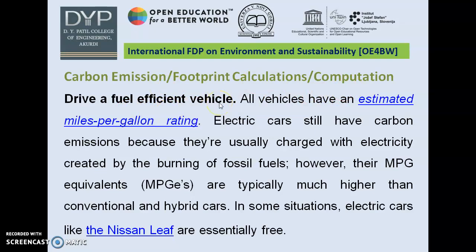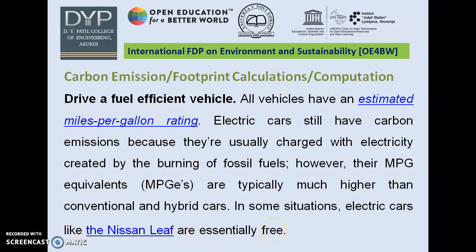All vehicles have an estimated miles per gallon rating. Electric cars still have carbon emissions because they are usually charged with electricity created by burning fossil fuels. However, the MPG, that is miles per gallon, equivalents are typically much higher than conventional and hybrid cars. In some situations, electric cars like the Nissan Leaf are essentially free.